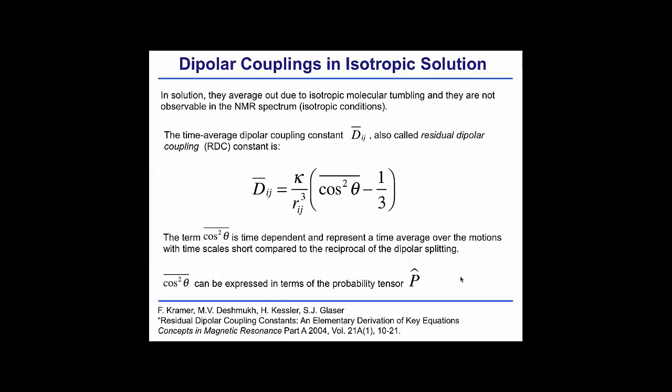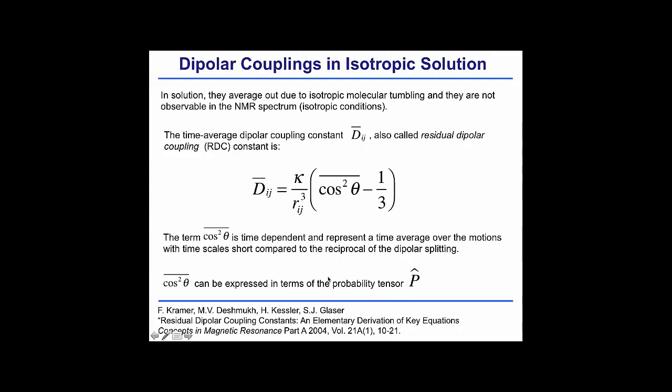We already discussed in the last webinar that for an isotropic solution, the dipolar coupling averages to zero by isotropic tumbling. Also in solution, when the molecules are in motion, this cosine square is no longer a single angle. It's a time average, so it's time dependent.